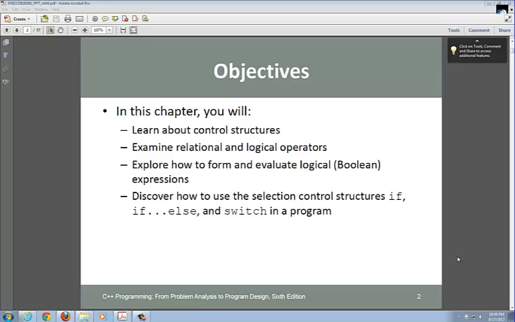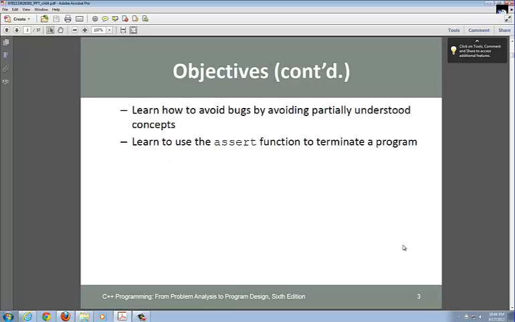I want to talk to you about how you form the evaluation of a Boolean expression. And as we go along, I want to help you understand a lot of the flow charts and things that take place in programming.